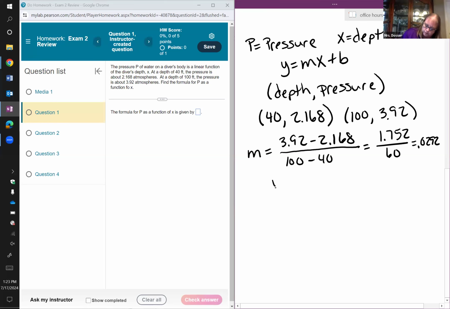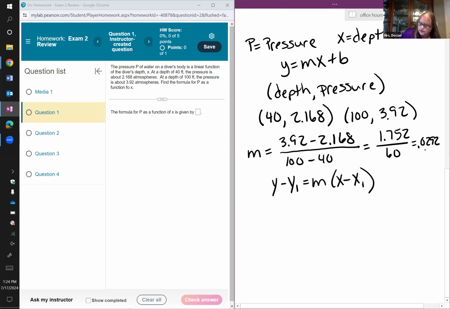Our point-slope formula is y minus y1 is equal to m times x minus x1. We're going to plug in our slope for m, and use one of those points for x1 and y1. And then we're going to leave x and y as our variables, because in order to have a function, we have to have an input variable and an output variable. So that's going to be the X and Y here.